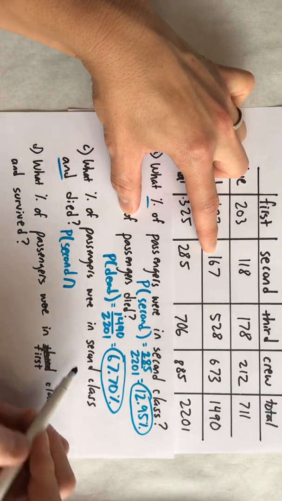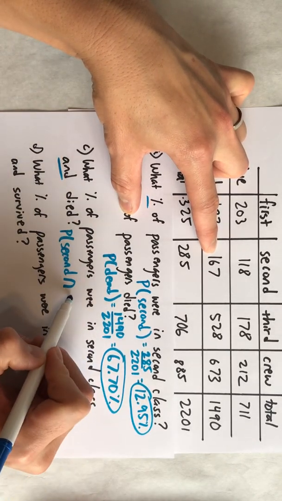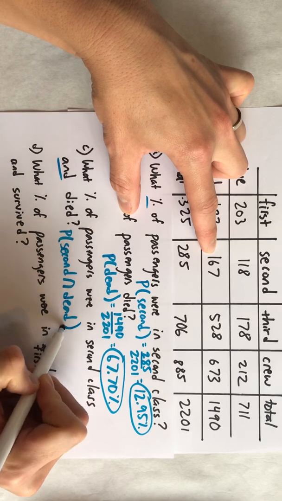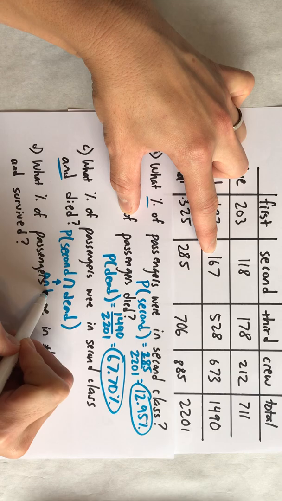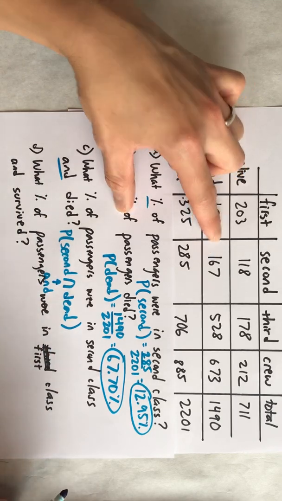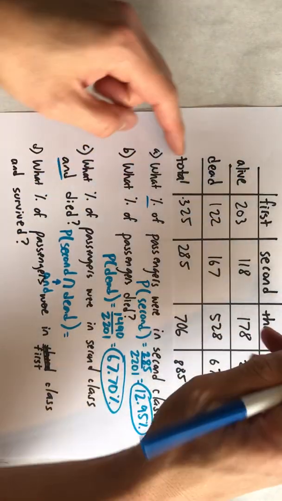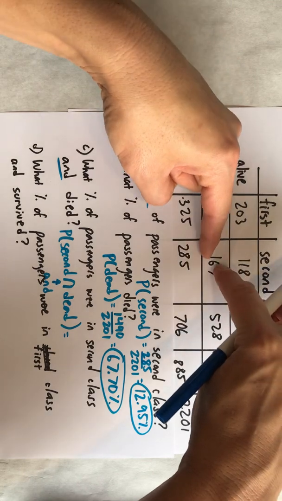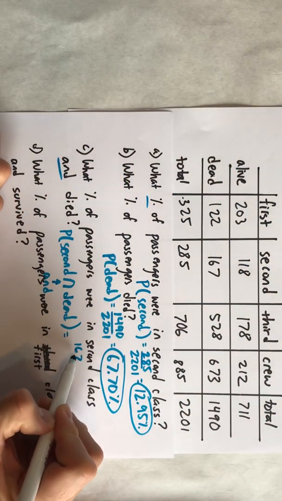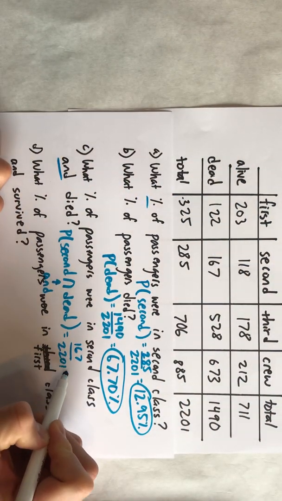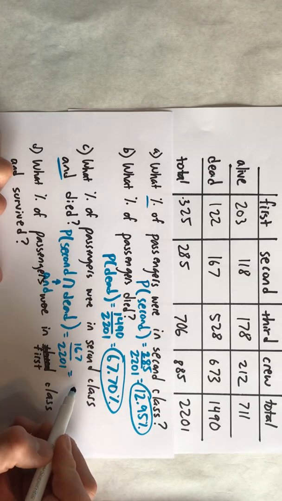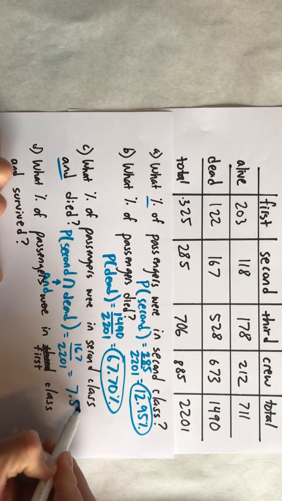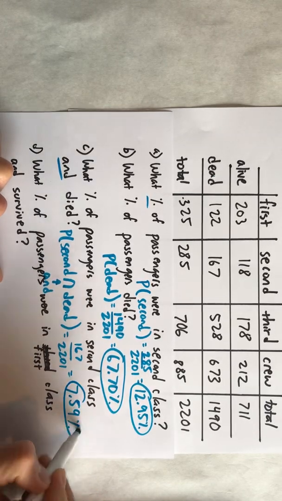This right here means "and", second and dead. Okay. So this means "and". It would be the intersection of that column and row, 167 over 2201. So 167 divided by 2201, 7.59%.